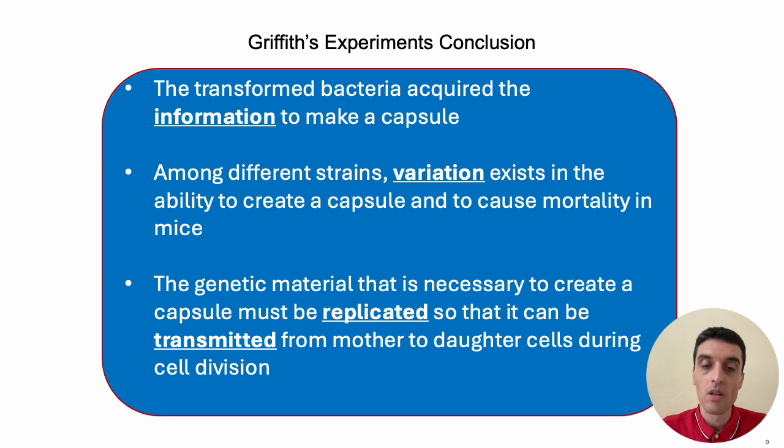So this genetic material from the smooth pneumococcus was inside the cell, was replicated within that strain, and was transmissible from the parents to the offspring, and from a dead parent to a live, similar species.